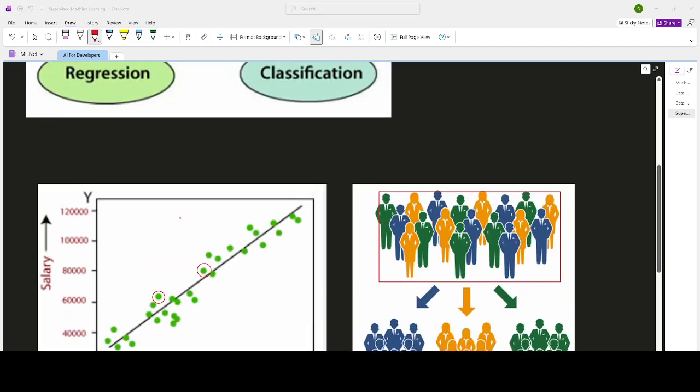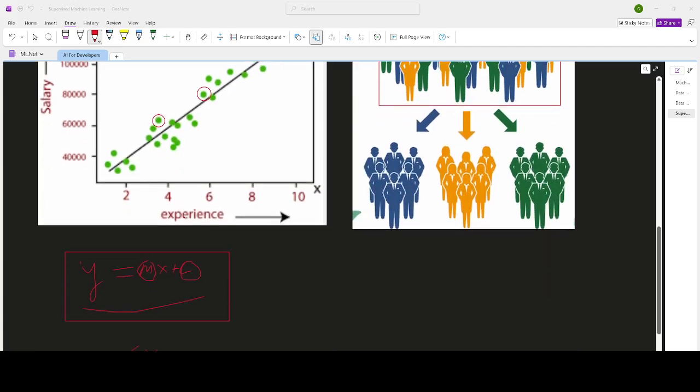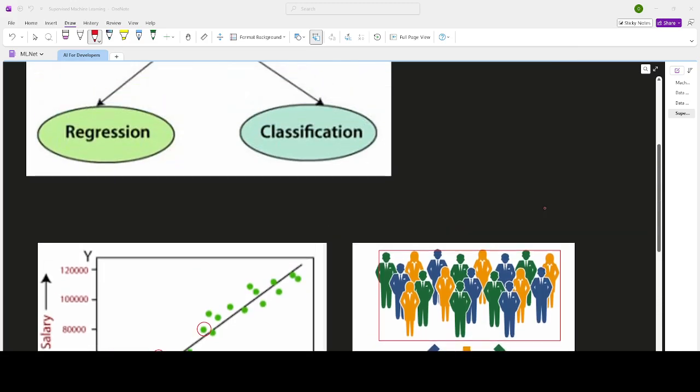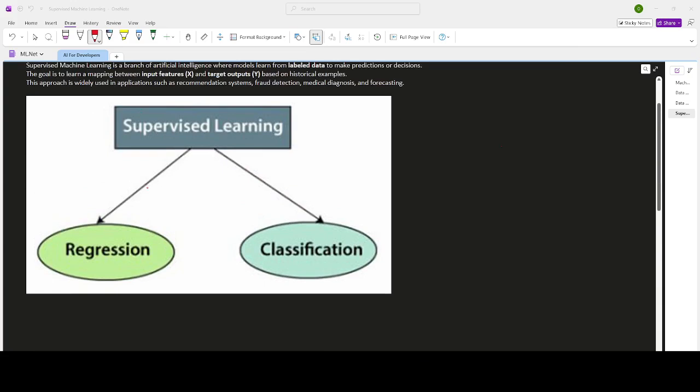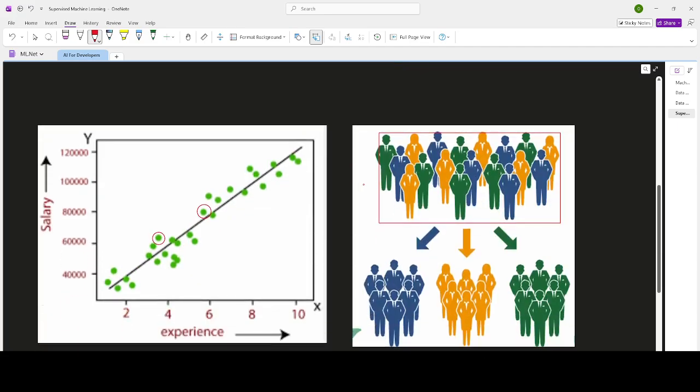So, as we discussed here, the basics of the regression method, and another type of supervised machine learning is classification. As we have seen here, these are the two types, and classification works with categorical data. You can see over here we have a dataset which is a combination of different genders, different personalities.